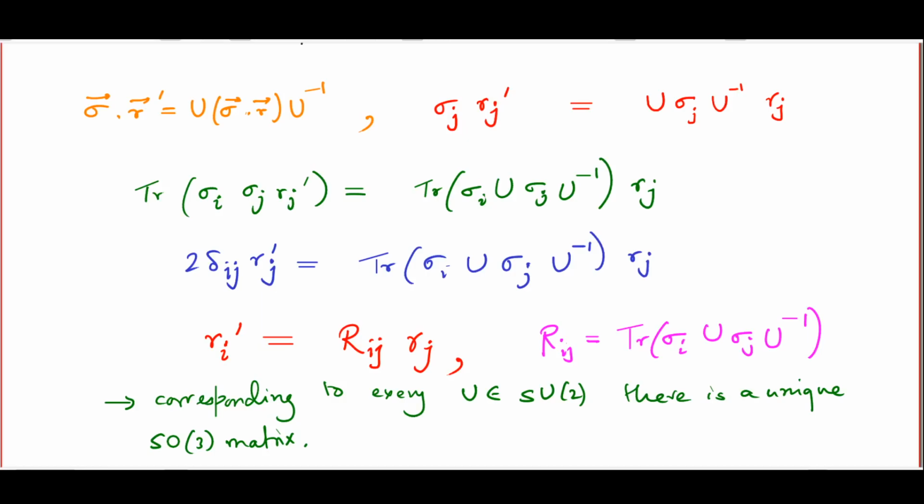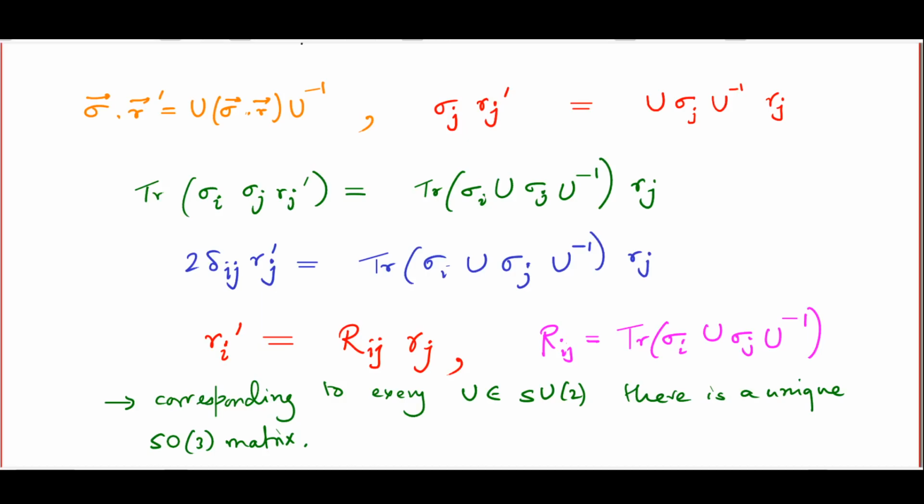On the other hand, the other term, i epsilon ijk sigma k, gives you a 0 trace because all the sigma matrices are traceless. So what you end up with on the left hand side is twice delta ij rj prime. On the right hand side, on the other hand, you simply have trace of sigma i u sigma j u inverse, and of course, multiplied by the rj.